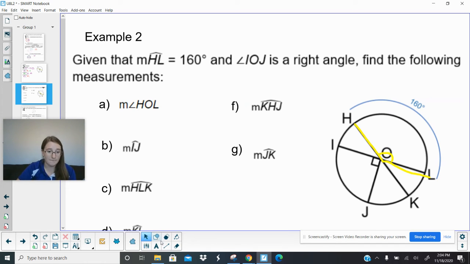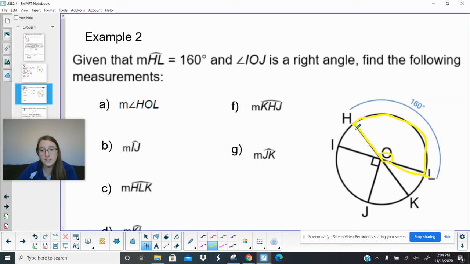Now what we know again is that a central angle and its arc are the same. Notice that this angle creates this arc, right? The angle slices through the circle and it creates this arc here.